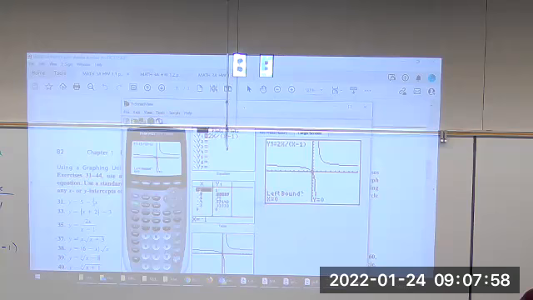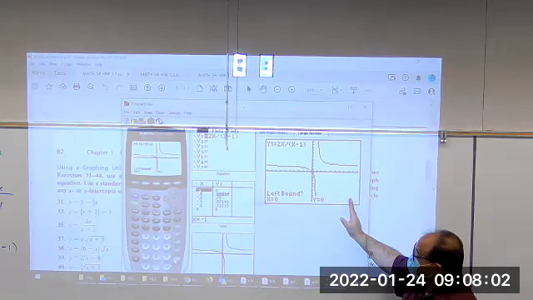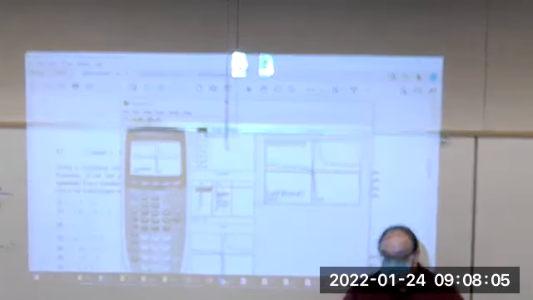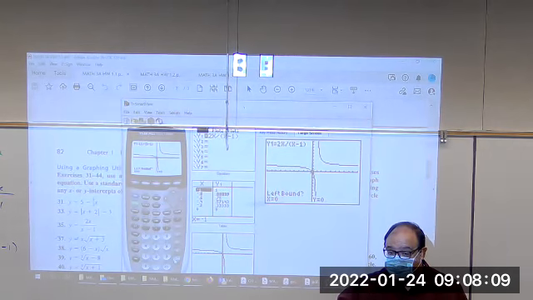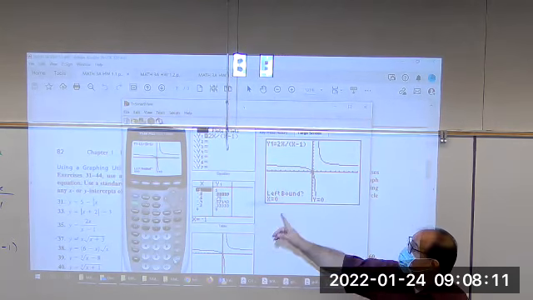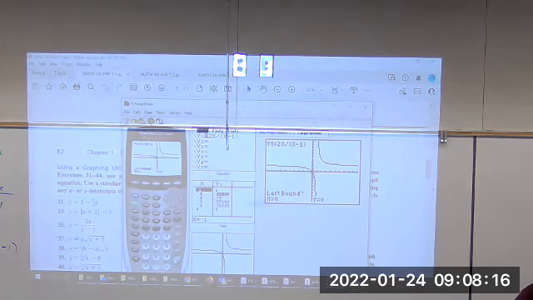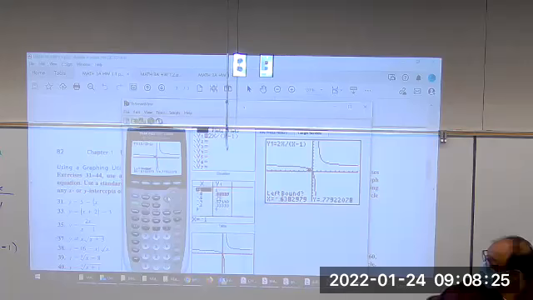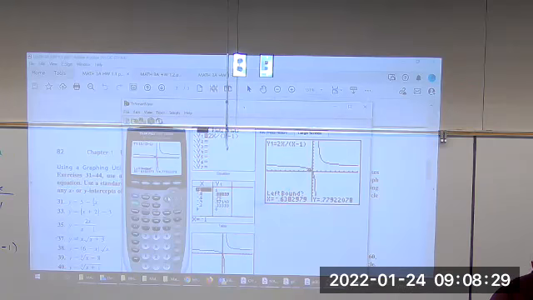Now here it's asking me a couple of questions: left bound, right bound. I need to tell it where I want it to look, because it looks like it's at 0. So I move the tracer, that cursor, a little bit to the left, and hit enter.